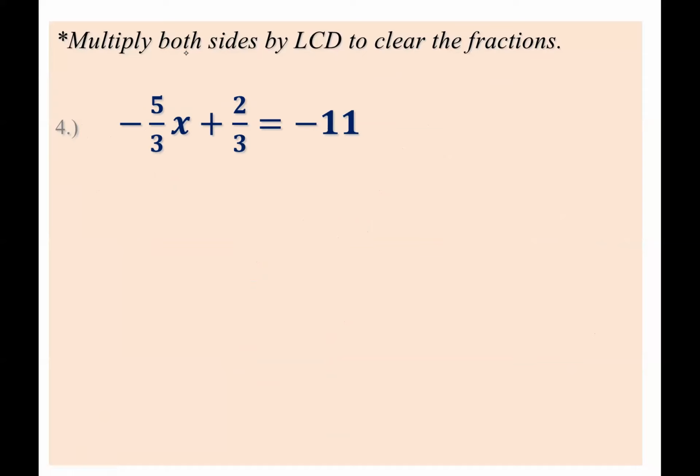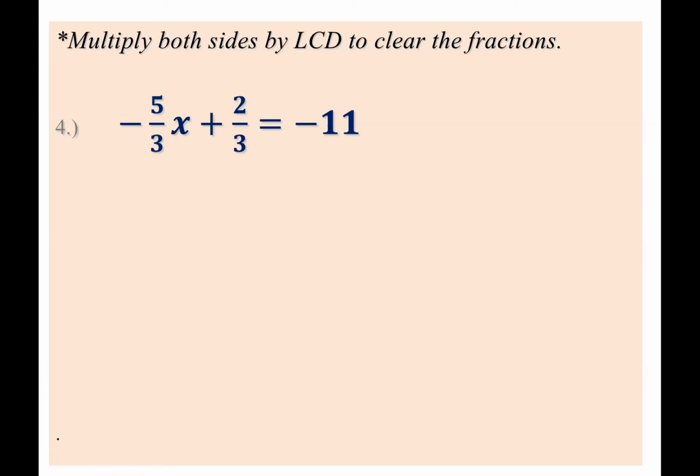So number 4 and number 5 coming up, we're going to multiply both sides by the LCD to clear the fractions. Once again, you don't have to clear the fractions, but if you don't, you have to just carry on and do all your calculations with the fractions still there. I hope what you'll see is if you use this very first step to clear them, to get rid of them, I think it'll be a little easier to finish the problem.